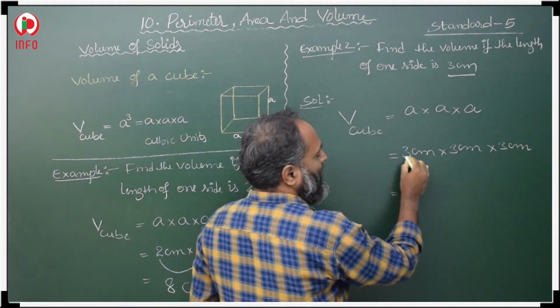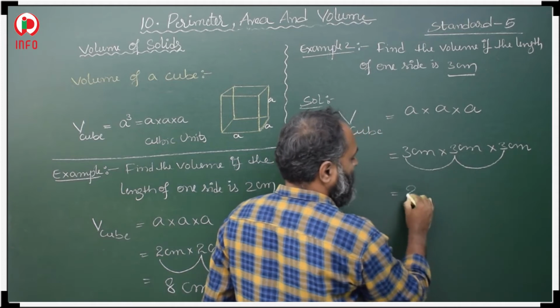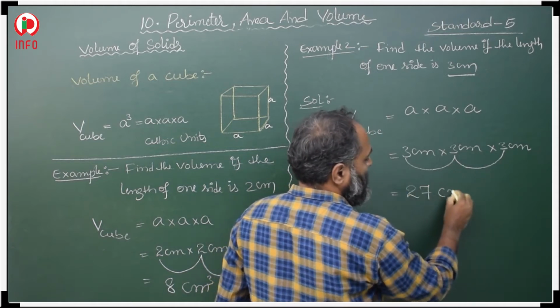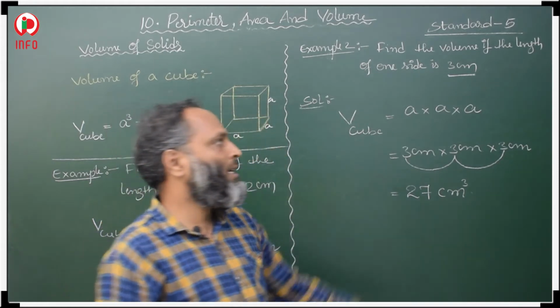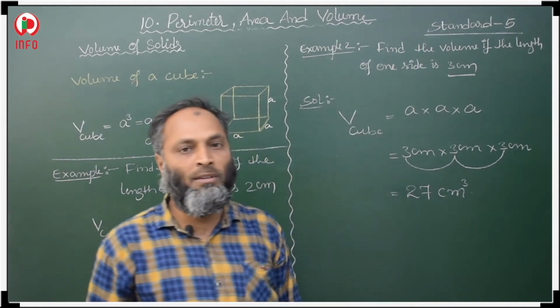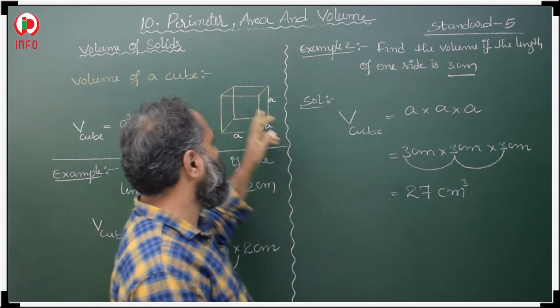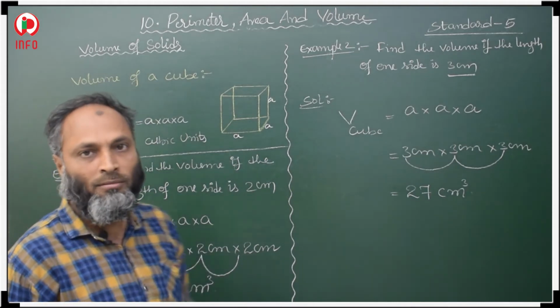Now multiply. 3 3s are 9, 9 3s are 27 centimeter cube. If the side is 3, then the cube volume is 27 centimeter cube. If the side is 2, then the volume of the cube is 8 centimeter cube.